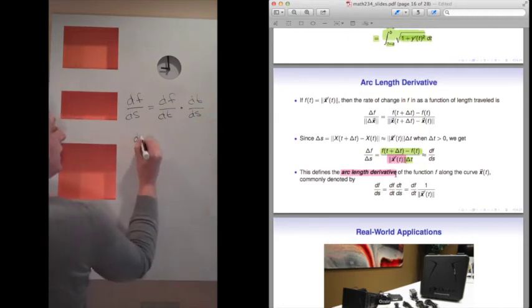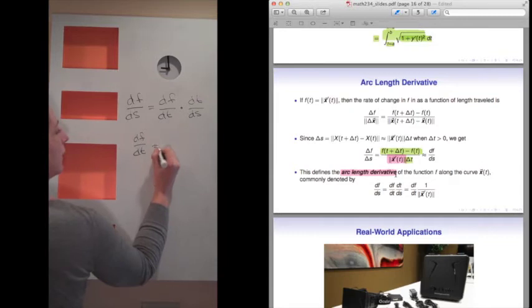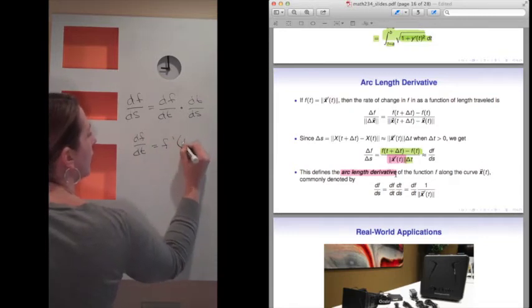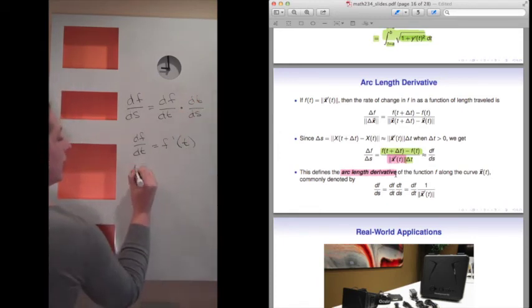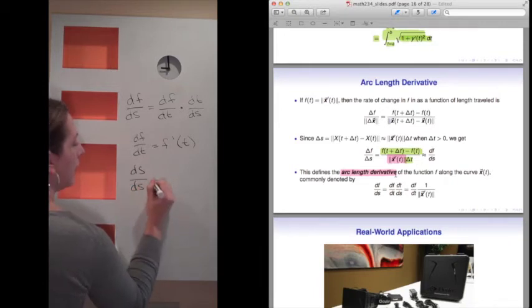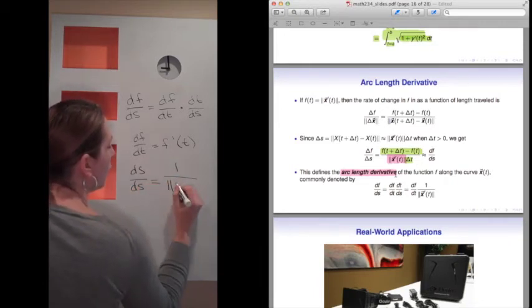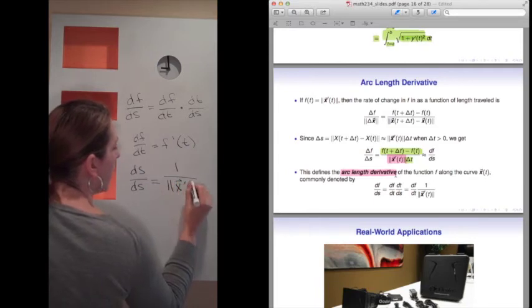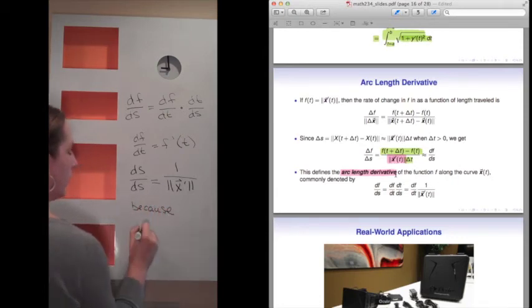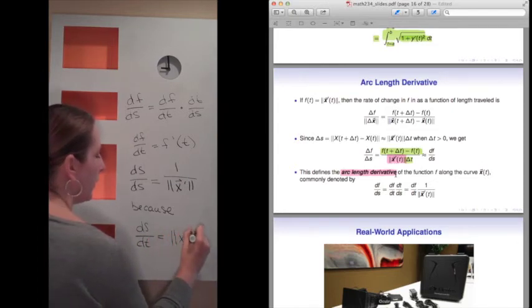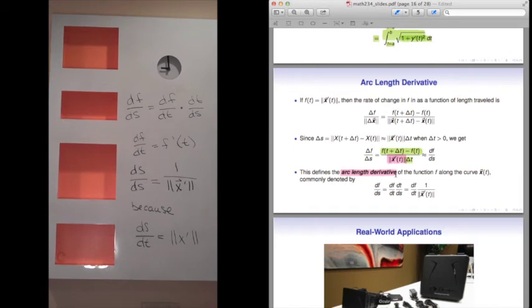So df dt is the same thing as f prime of t, and dt ds is equal to 1 over the magnitude of velocity, and this is because ds dt is equal to this. And so from that we get a formula that allows us to calculate the total arc length.